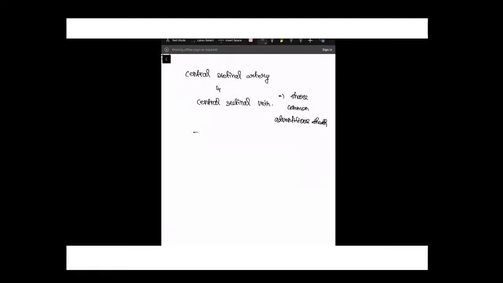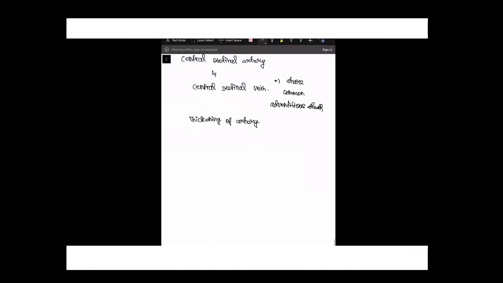If there is a thickening of this artery, it can compress the retinal vein in the common adventitious sheath area.